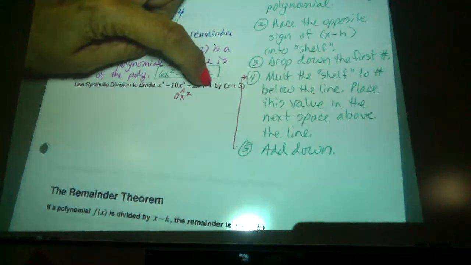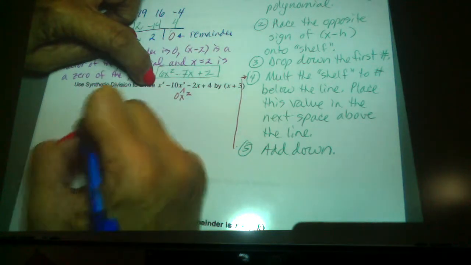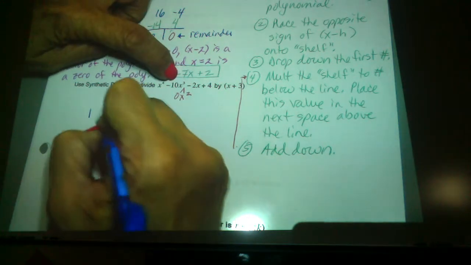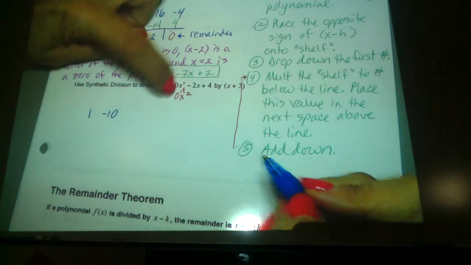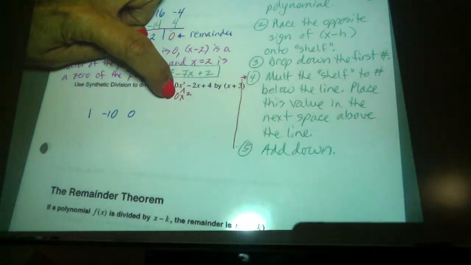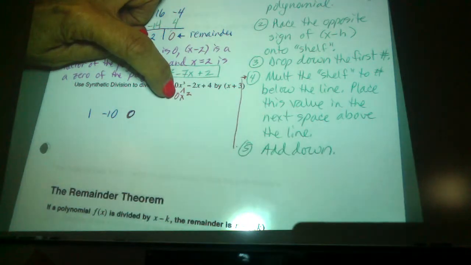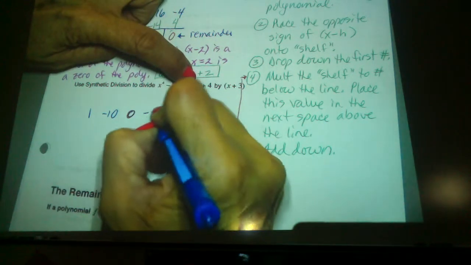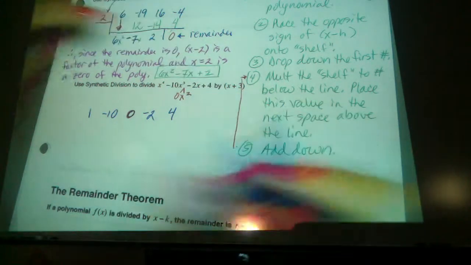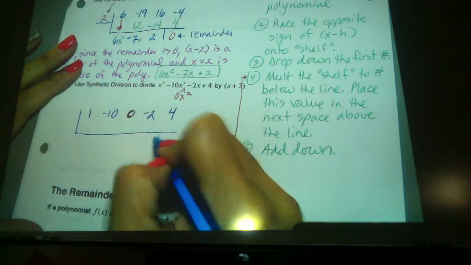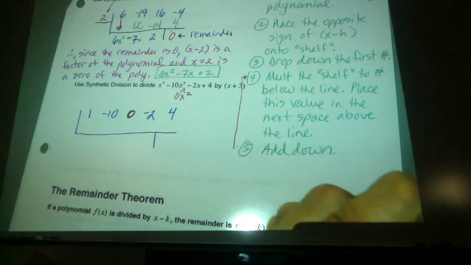So when I write down my coefficients, I've got 1, negative 10, 0, 0, negative 2, and then 4. You draw your L, your vertical line below 4, and then your shelf.